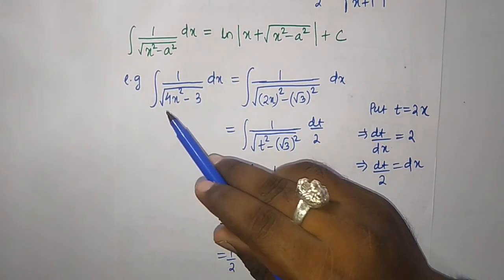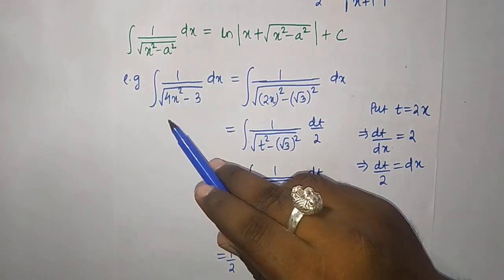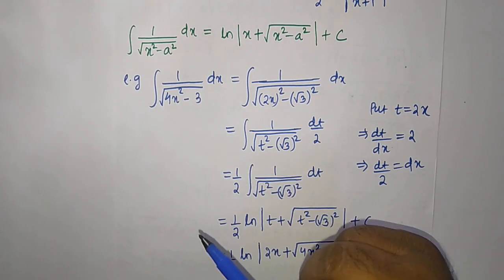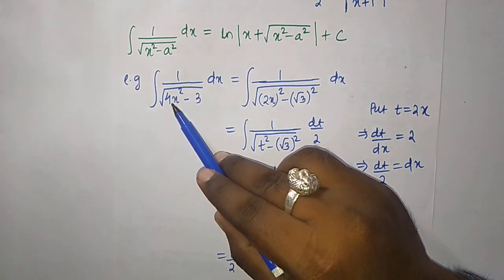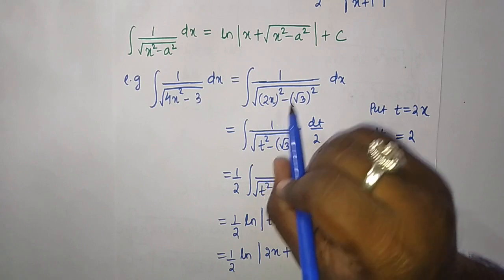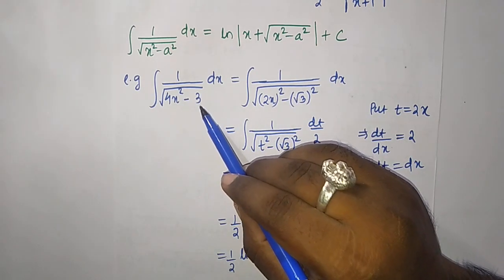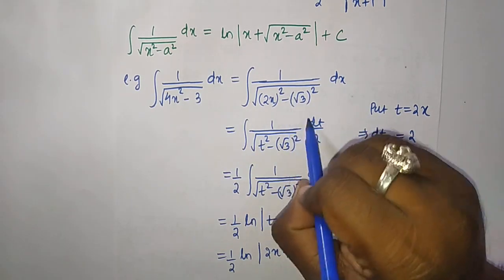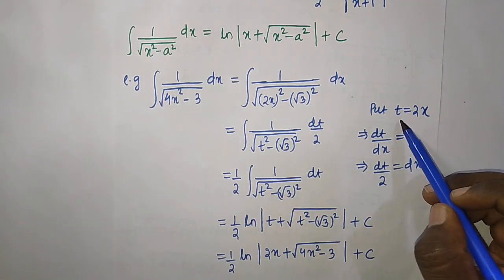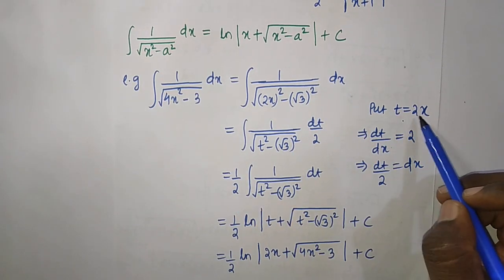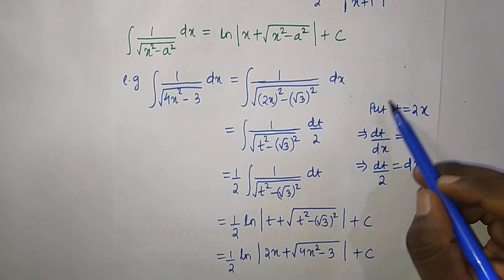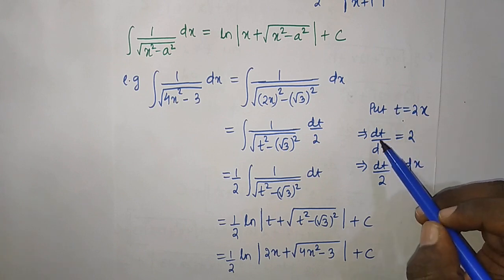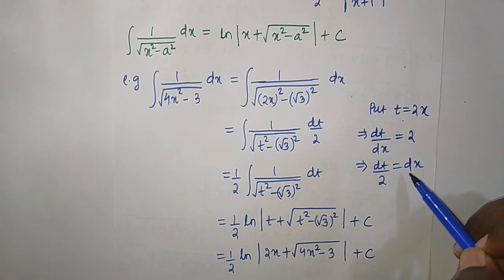See here, integration of 1 by root over of 4x square minus 3. You can write this 4x square as 2x whole square, and minus 3 as root 3 whole square. Now put t is equal to 2x, and the derivative of 2x is 2, so you will get dt by 2 is equal to dx.